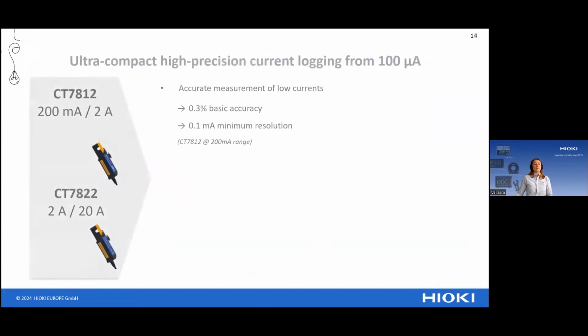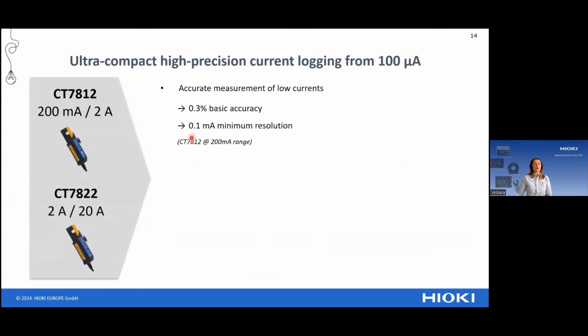They have a very high accuracy of 0.3% and a minimum resolution of 0.1 milliampere. This means that you're able to capture currents as small as 100 microampere. So they are specifically made for the measurement of low currents.